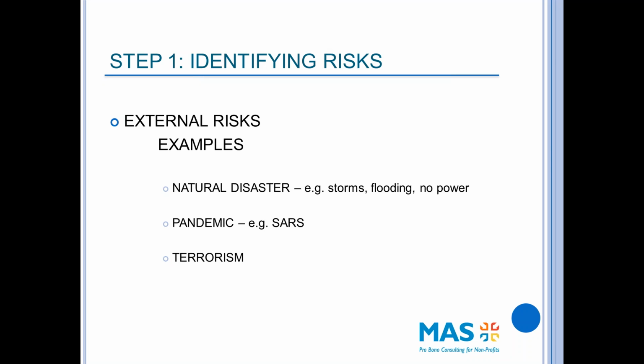And I know after that, many organizations had to develop pandemic plans to deal with pandemic risk, or terrorism. That's the last bucket to think about. So the buckets are just to help you organize your thinking around what the risks would be.